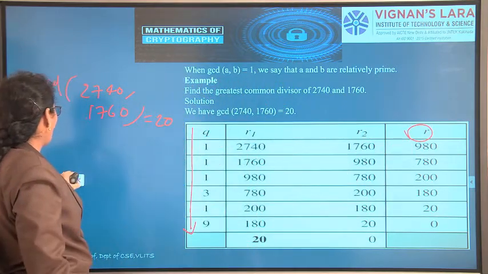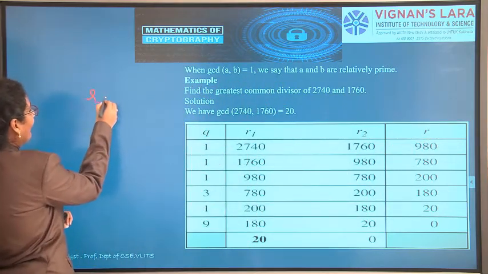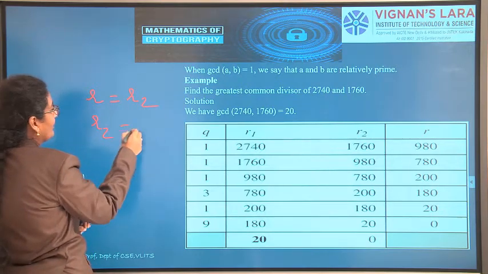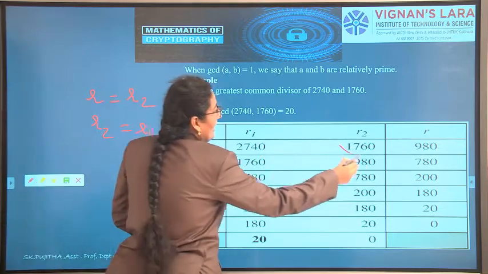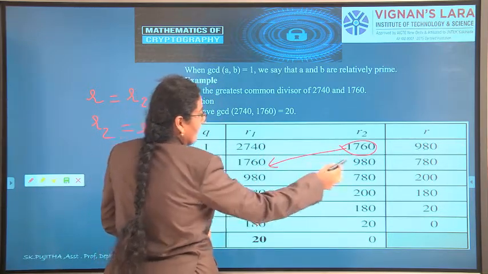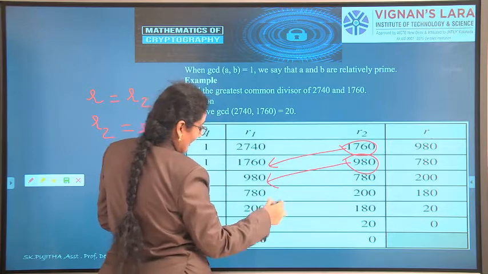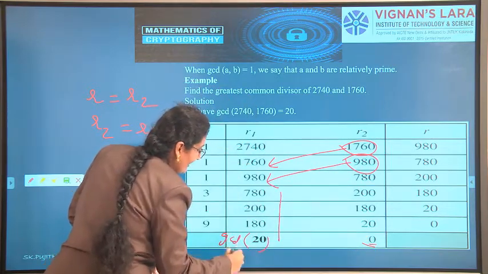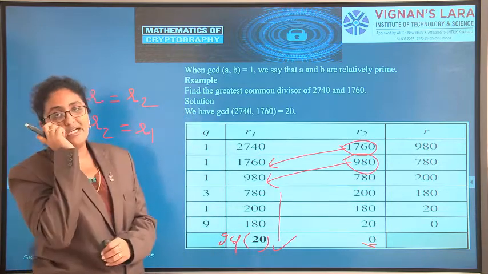But a very important point you should remember is that in every step R value is given to R2, and in every step R2 value is given to R1. So when it is 0, our answer is GCD is 20. So this is the Euclidean algorithm.